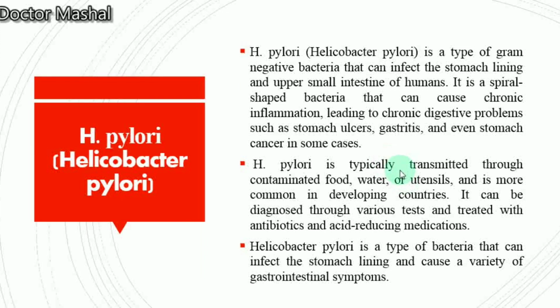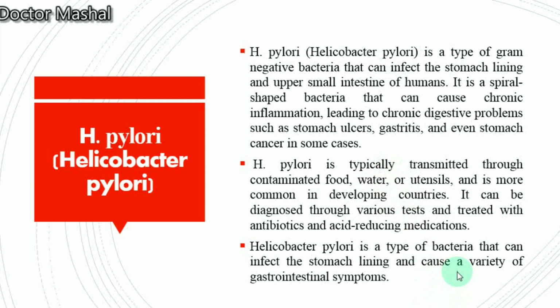H. pylori is typically transmitted through contaminated food, water, or utensils, and it's more common in developing countries. It can be diagnosed through various tests and treated with antibiotics and acid-reducing medication.